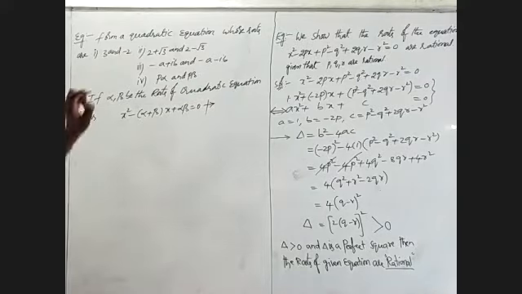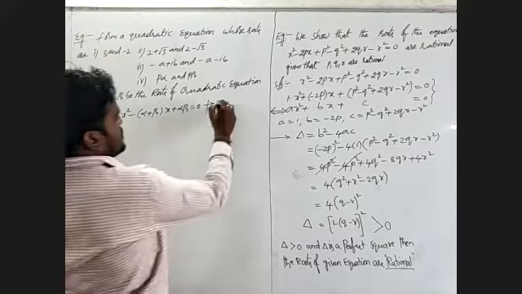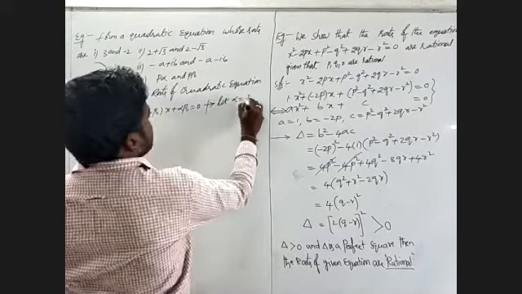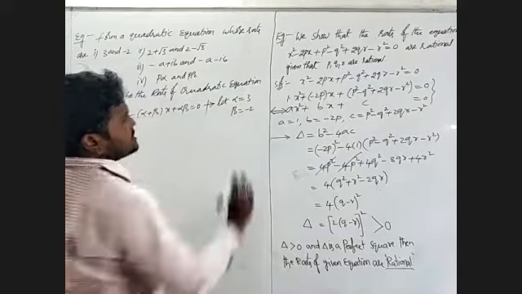Here two roots are given. One root is alpha equal to 3, another root beta is equal to minus 2. Let alpha is equal to 3 and beta is equal to minus 2.